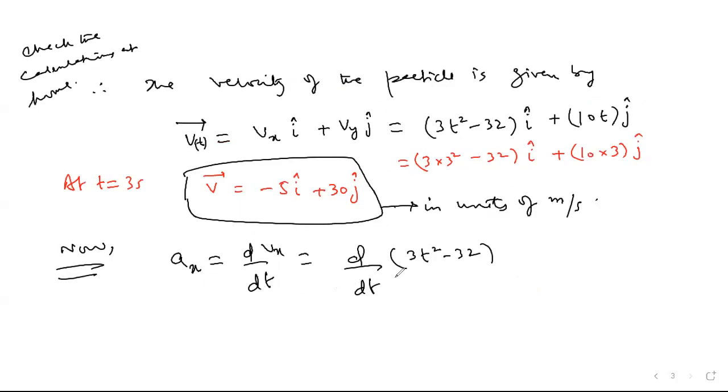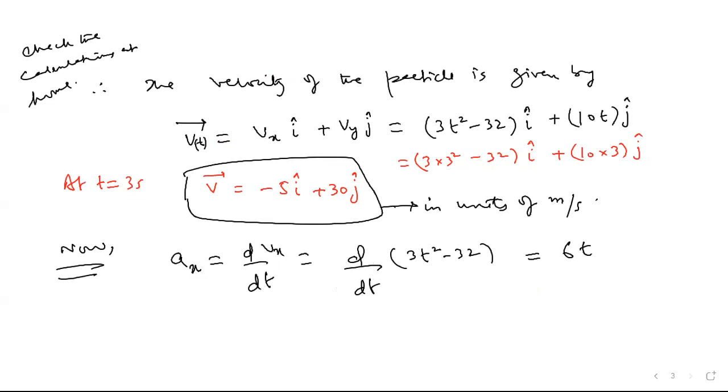So differentiated with respect to time, this is d by dt of 3t square minus 32. It is just 6t. Derivative of the first term will be 6t, the second term will vanish because it is constant. So this is our ax.